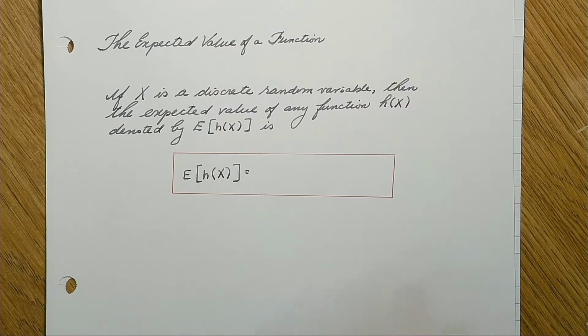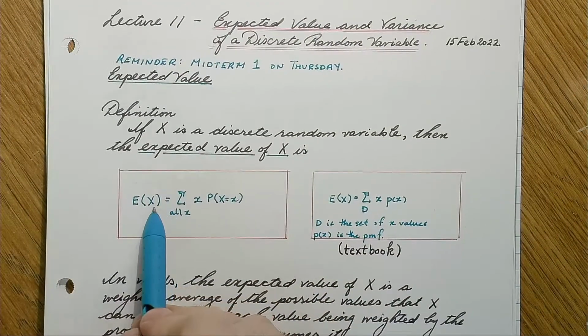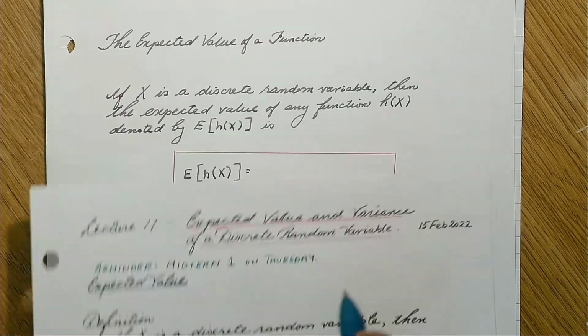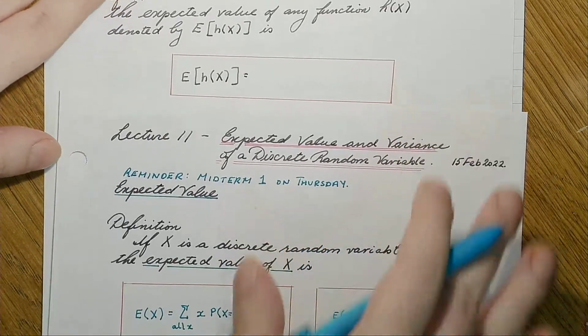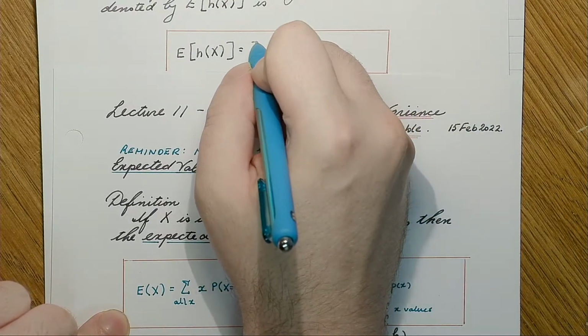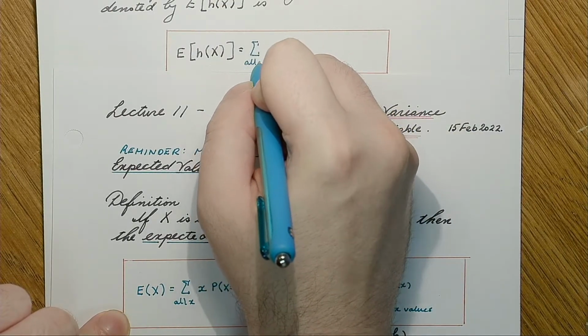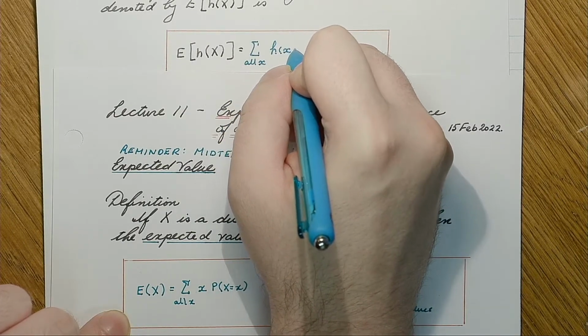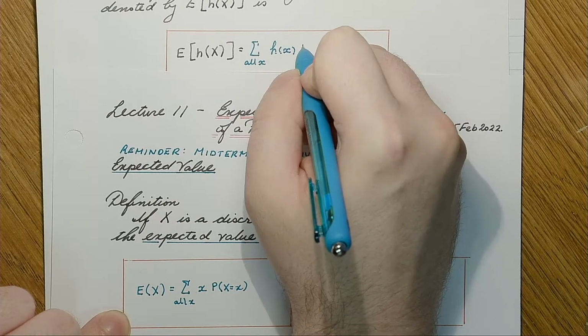Very similar to what we did with this, what we have done is replace the x with h of x, and similarly we're just going to modify this part right here. So it's not going to be x, but it's going to be h of x. Following our definition from our first page, it's the sum over all x of h of x, the function of x, times its associated probability.